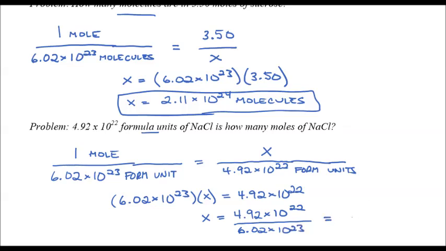Then on the calculator, we do our math, we get 0.0817. How many moles? And that's the math that we're going to be using for Chapter 10. Most of it is setting up proportions. So that's it for today, and we will see you in class.